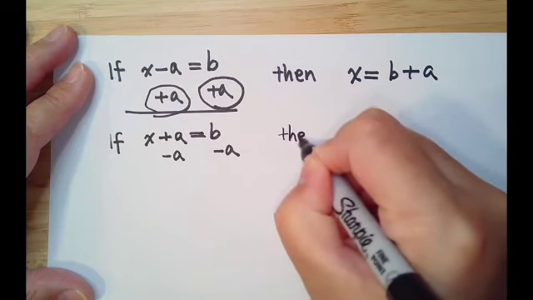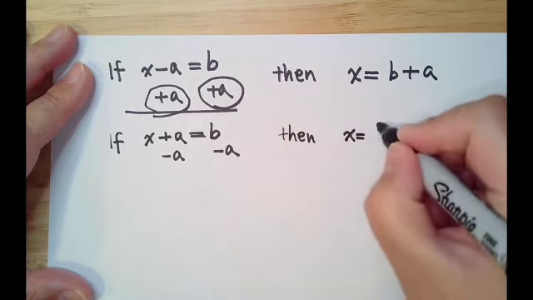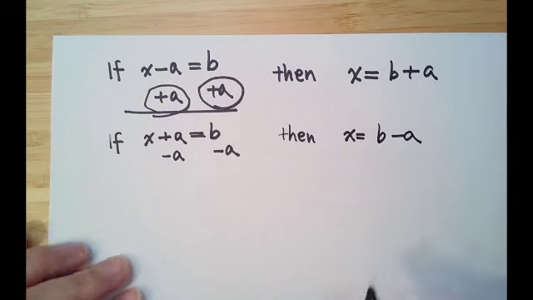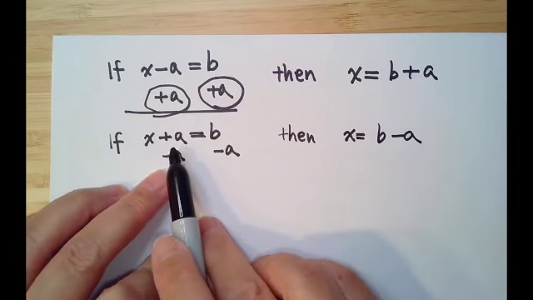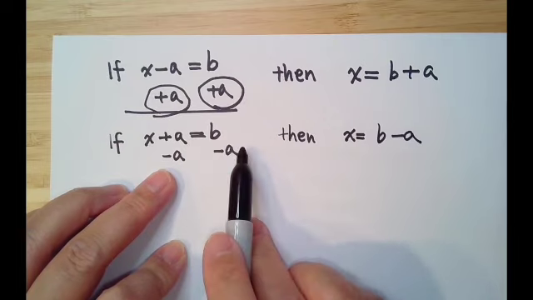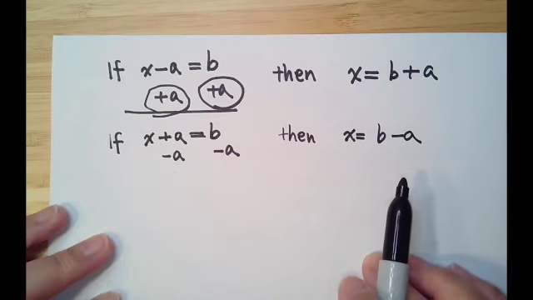So x equals the right side, b minus a. Okay, so you can tell that I can either say minus a on both sides, or I can say move a to the other side to change the sign. It's exactly the same thing.